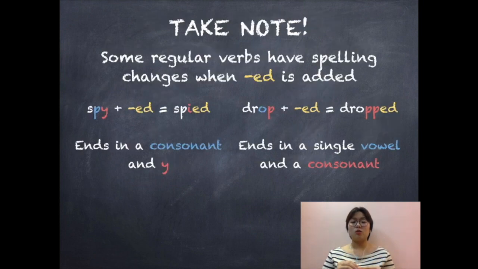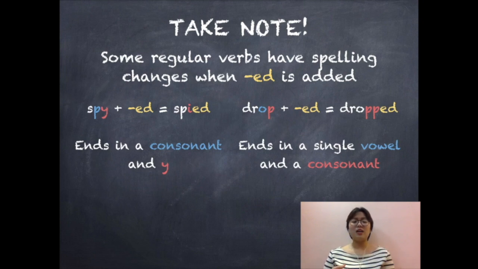Another thing to take note of is that some regular verbs have spelling changes when ed is added, and there are two conditions. First is if it ends in a consonant and a y, such as this example with the word spy. It ends in the consonant p and the y, plus ed, you drop the y, replace it with i, and add ed.